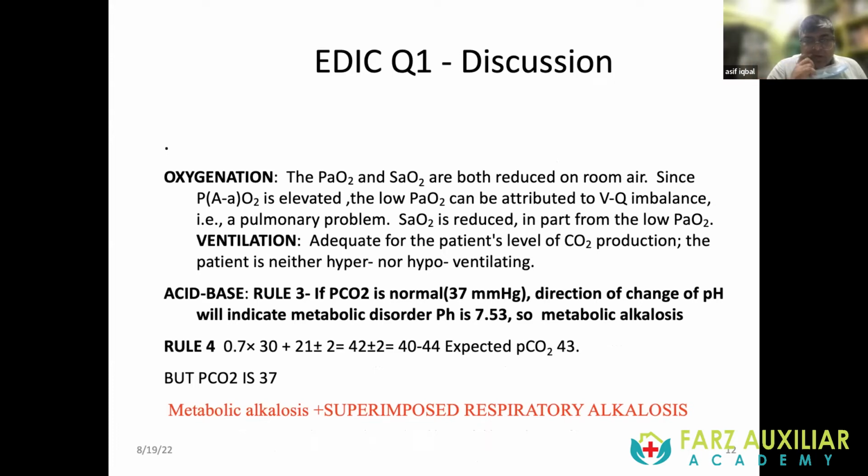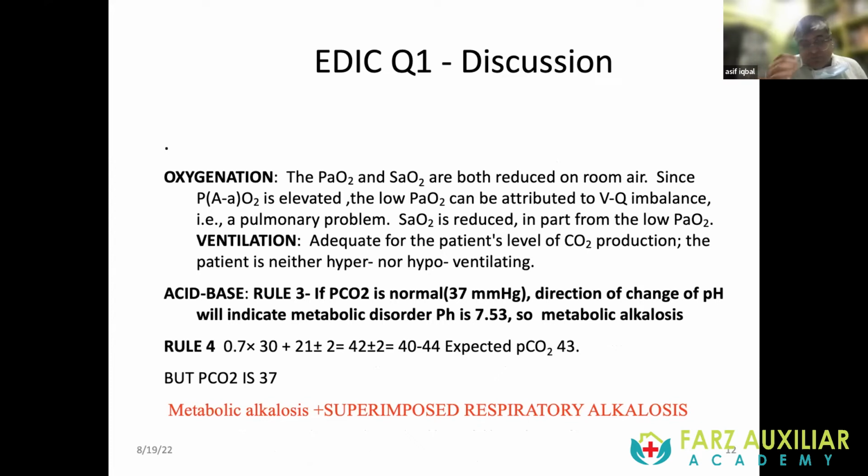Then coming to the acid base picture. So rule number 3, PaCO2 is normal, then a directed change of pH will indicate the metabolic disorder. So it is a metabolic alkalosis. And rule number 4, what is rule number 4? The expected PaCO2.